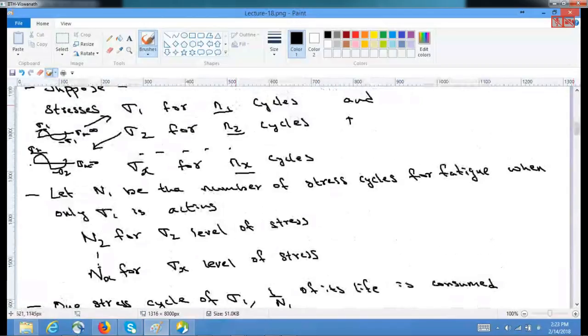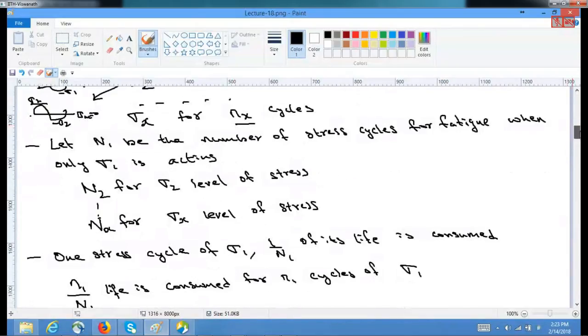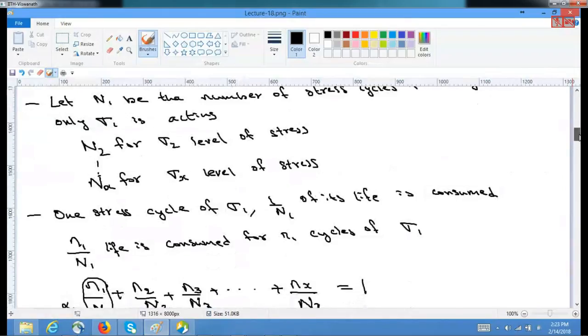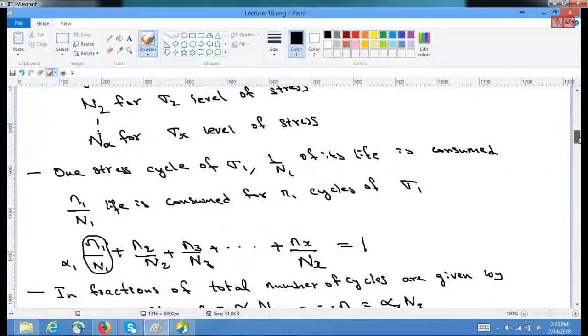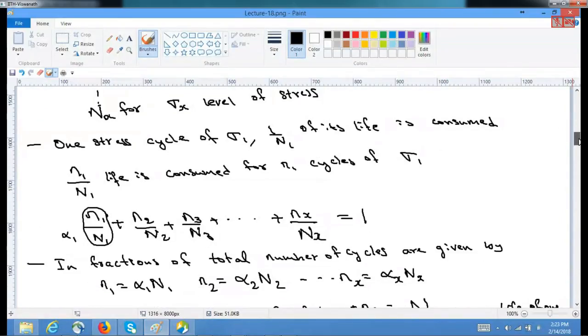See, we have a stress at sigma 1 level with n1 cycles, sigma 2 with n2, sigma x with nx, and so on. We want to find out what is the life of this mixed cycle and how many cycles this mixed loading would take. In principle, the life consumed by one cycle of sigma 1 is 1 over N1.